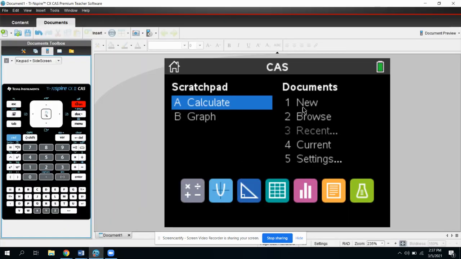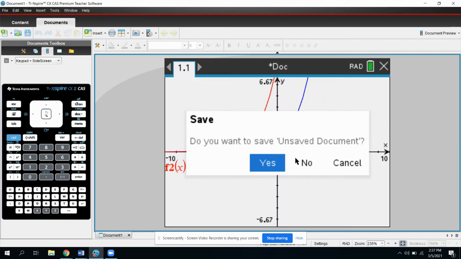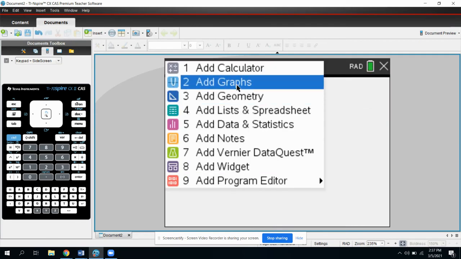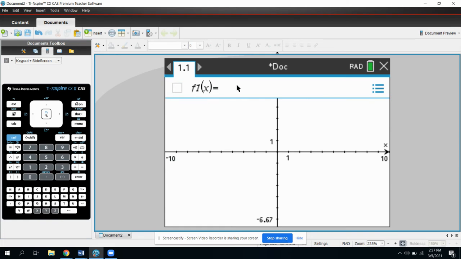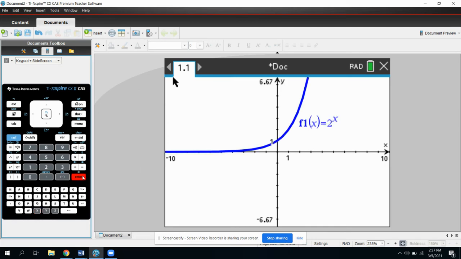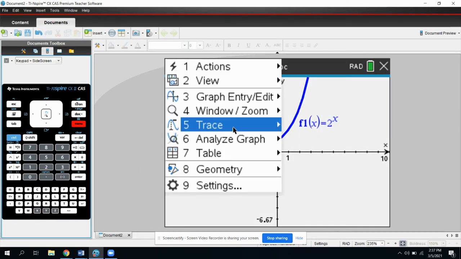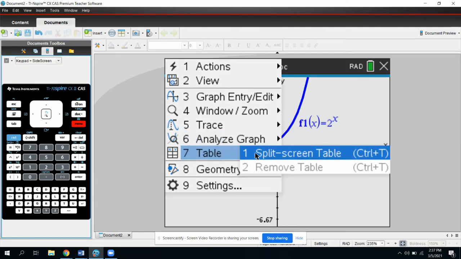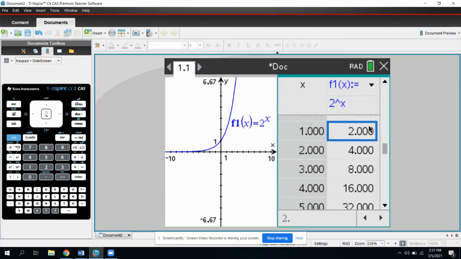Okay, so we're going to add graphs. So we'll put in our basic 2 to the x. Okay, there it is. I showed you in class the other day, if you want to see what those values look like, you can do a split screen table.